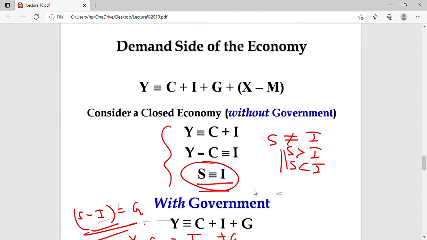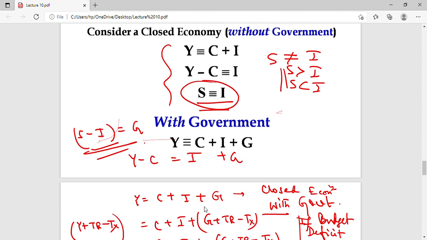So the demand side of the economy, if we talk about GDP, is the basic formula of GDP. Considering a closed economy, net export will be zero, and without government, government expenditure will be zero. So we will get saving equals investment.